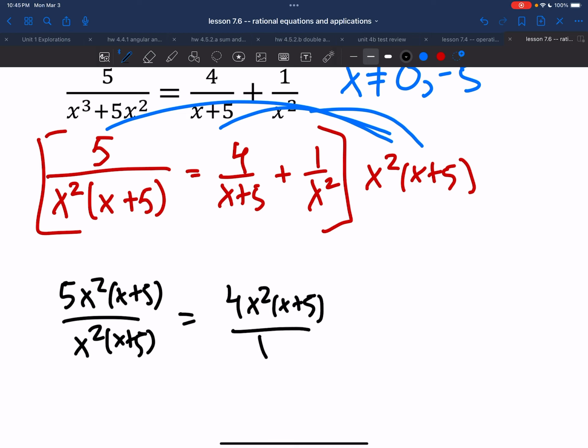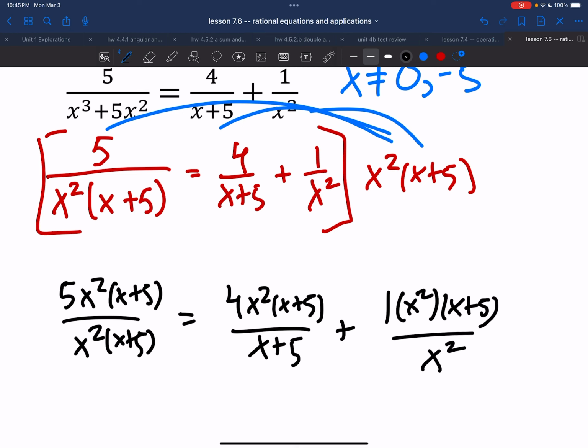What I'm doing is in the numerator of every expression, I'm writing the LCD multiplied on top and bottom, right? And if you do that, of course, then you'll notice which cancels, right? These cancel, these cancel, these cancel, right?